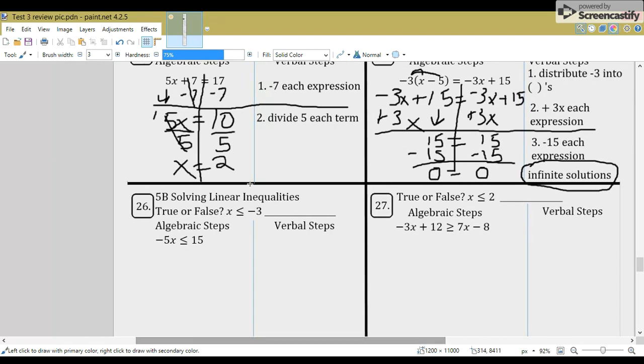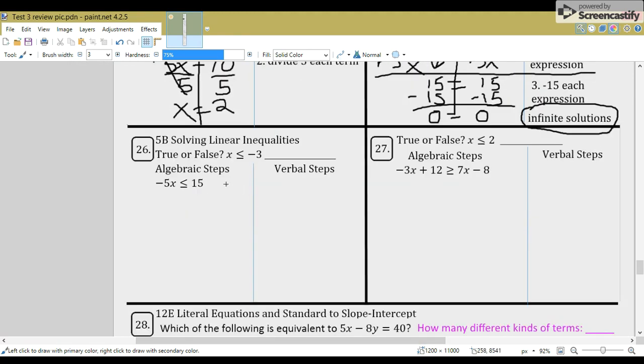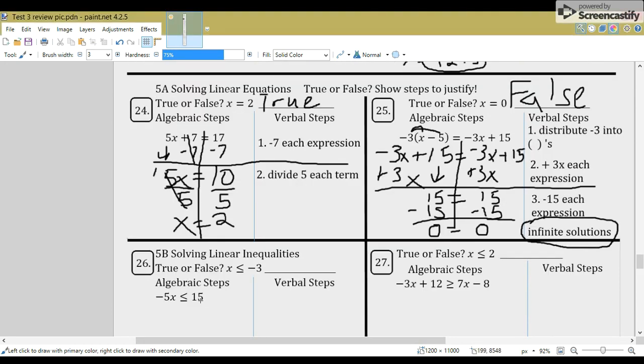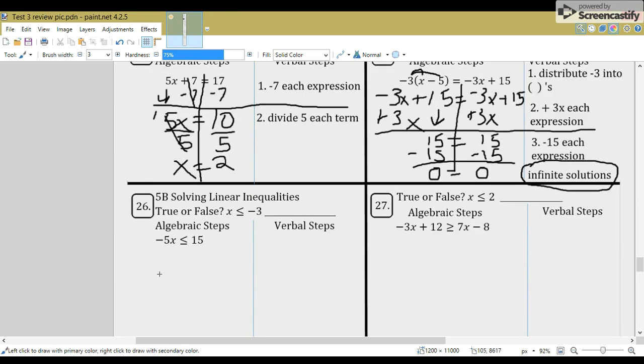5b. Solving linear inequalities. True or false? X is less than or equal to -3. Let's show our algebraic step. We have -5 times x is less than or equal to 15. First step, we want to divide each term by -5.